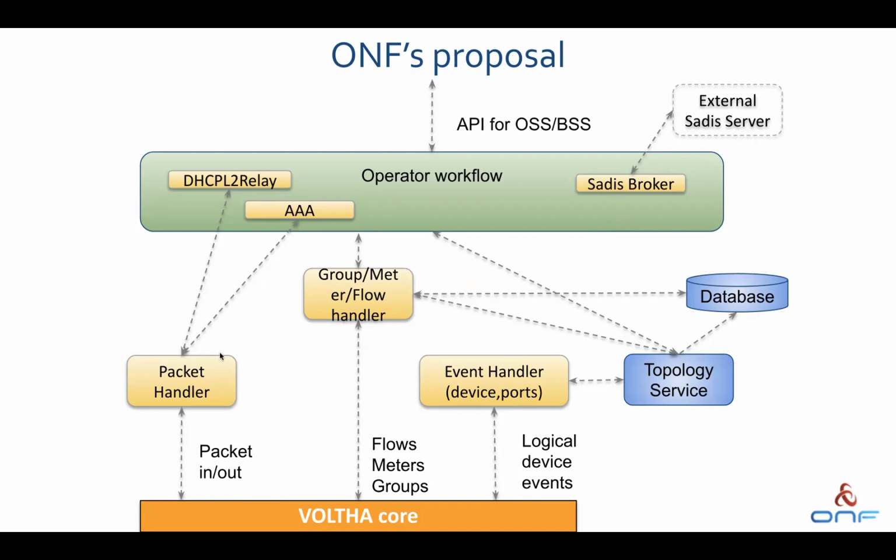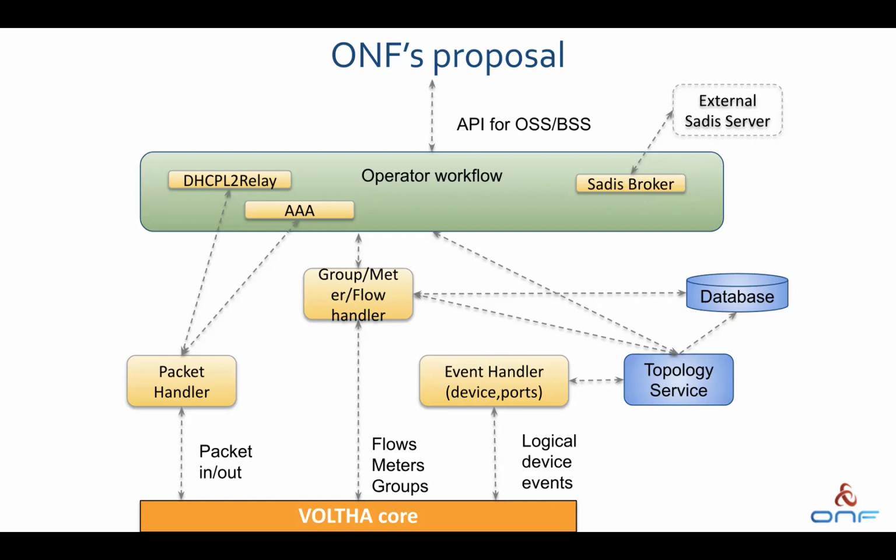And we thought that the common stuff, the packet handling, meter, flow, event, and possibly topology, etc., could live in one container. Here they are shown as different because they're logical components. And then the operator workflow with the specific elements of the operator could live in a separate container, one or more.